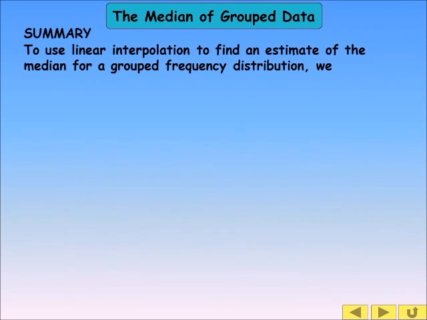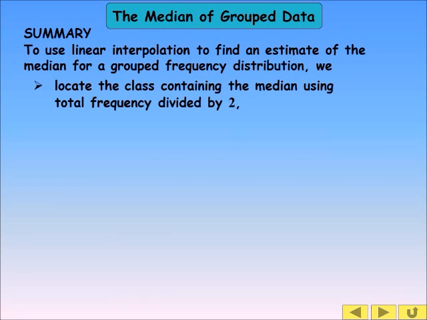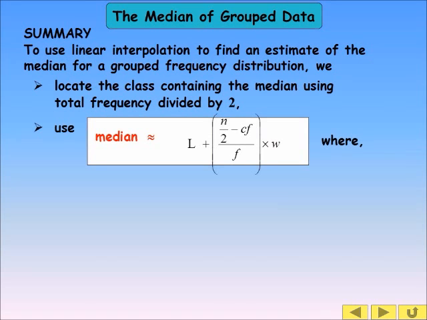To use linear interpolation to find the estimate of the median for a grouped frequency distribution: first, locate the class containing the median using the total frequency divided by 2. Next, you use the formula.